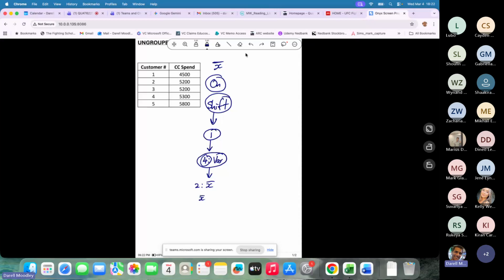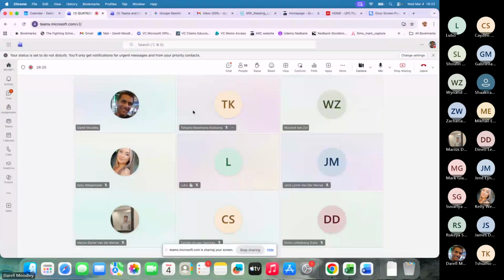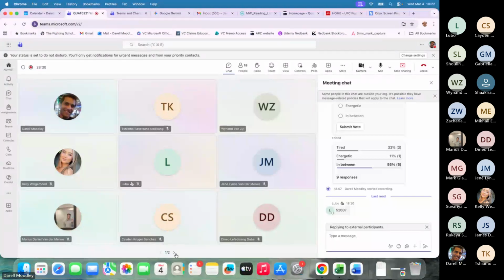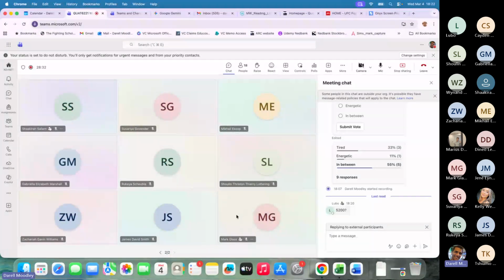You'll see this on the top, just press equals, and you should get 5,200. Very good. Yes, that's right. 5,200. So that's how you'll use the stats function to get your mean.